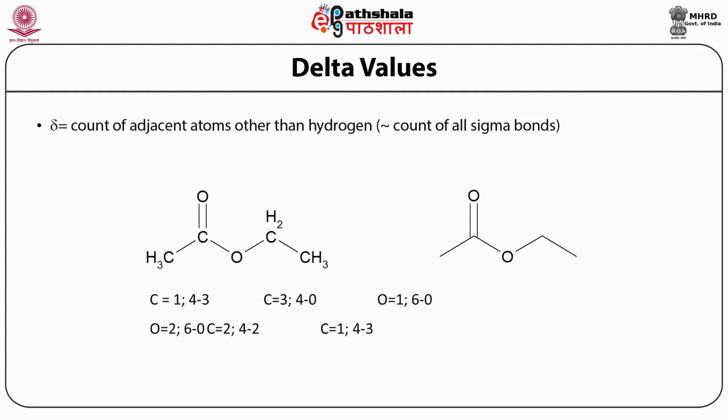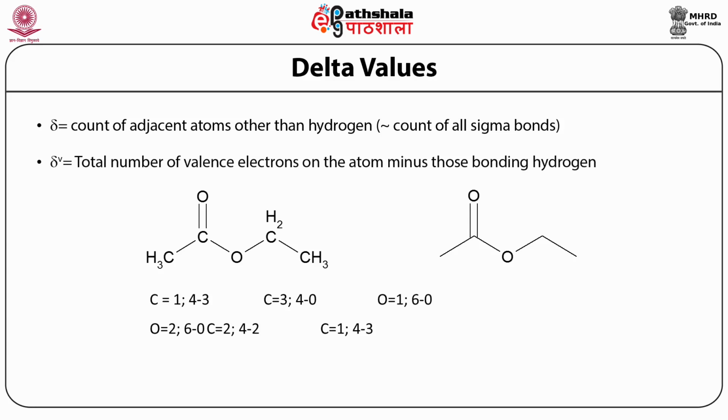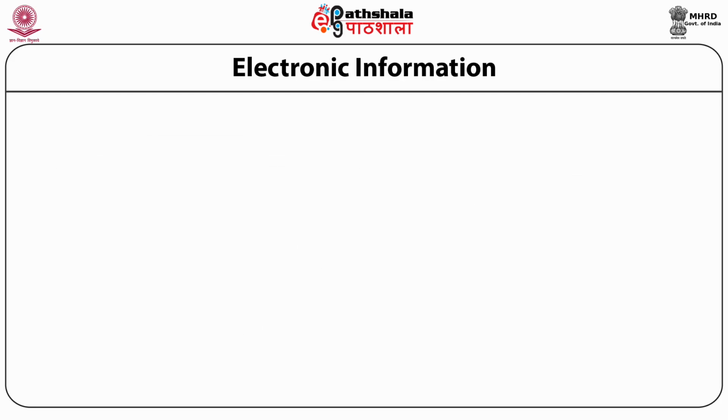Delta value is another which counts the adjacent atoms other than hydrogen. So actually all the sigma bonds count. The total number of valence and the total number of delta are both depicted here in these numbers. So you can calculate this by simply counting the number of bonds available. There is electronic information, and it has also been used in different ways.